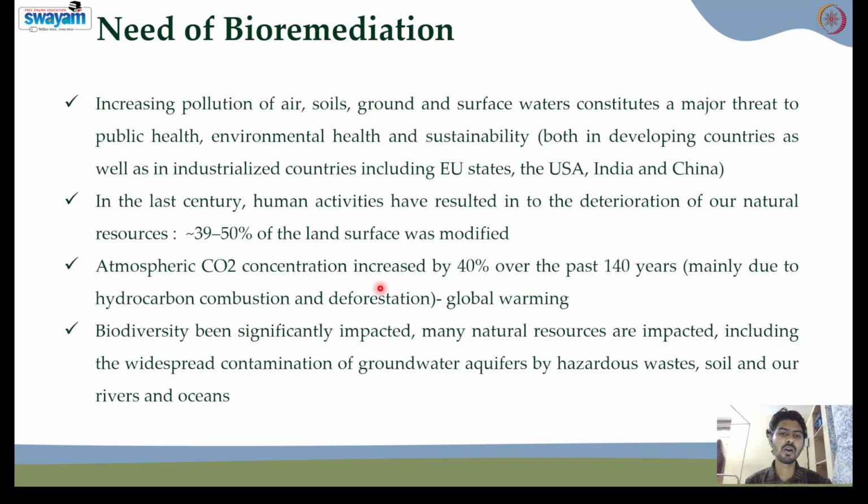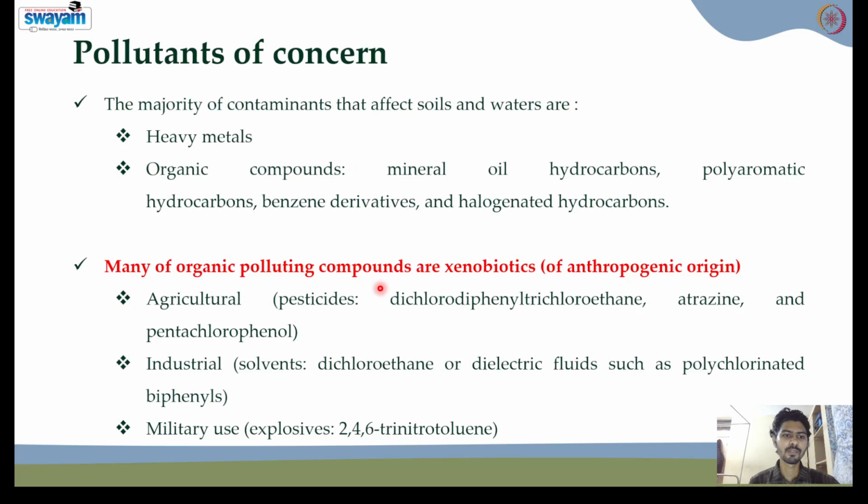So these are all the reasons that scientists are now approaching bioremediation. These are the sources of pollution and reasons for going for bioremediation. Then, as we know, pollutants are the major concern which has increased pollution to a drastic level.